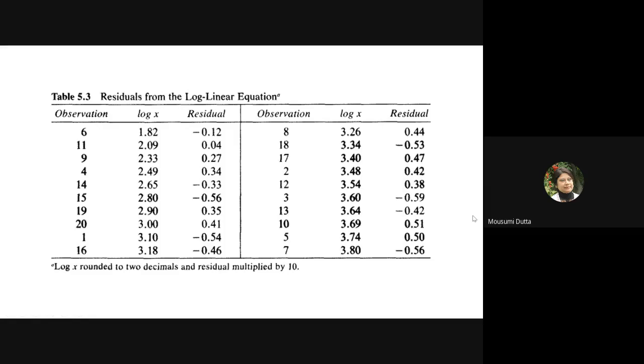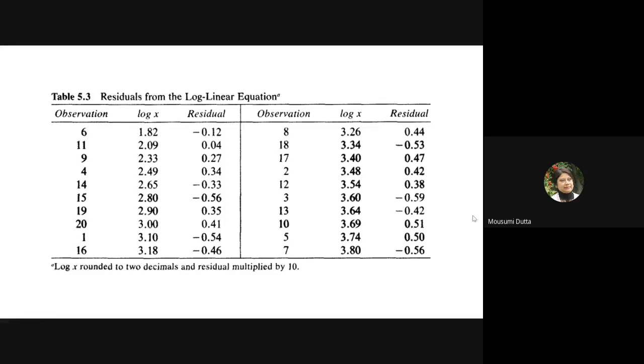So I request all of you to do this exercise too using your Excel. Start with the original data, run the regression, then arrange x values in increasing order of magnitude, then plot the graph.